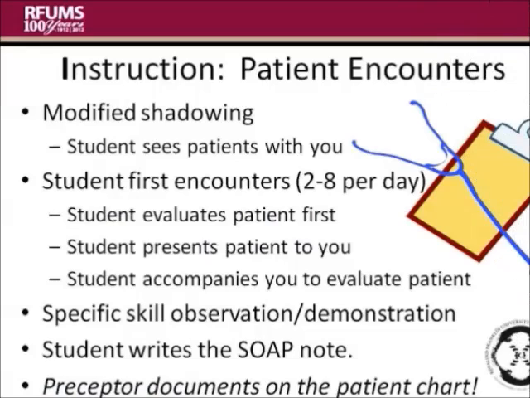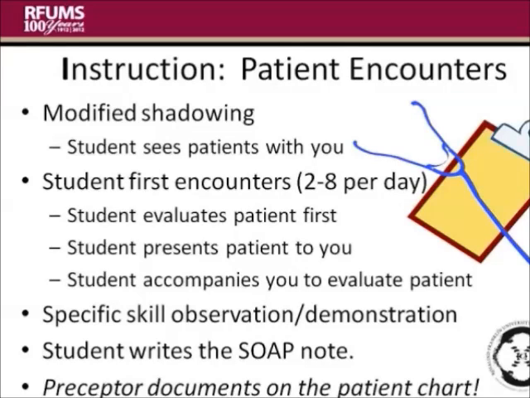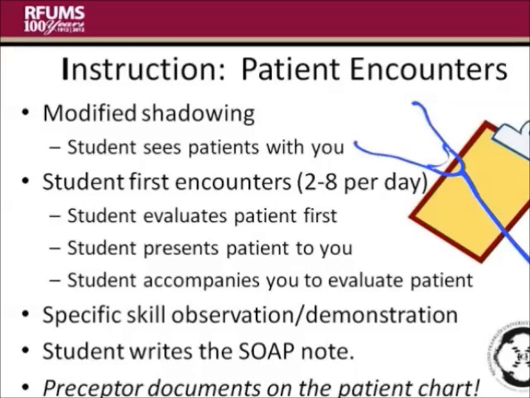Ways to make those encounters happen. We sometimes talk about modified shadowing, so the student essentially coming with you. Now, clearly they want to have hands-on and they should, but there's value to them watching you. If you have a concern about a student's skill, whether it's how they take a history, part of the physical exam, or a procedural skill, having them watch you first can be the best way to give feedback.